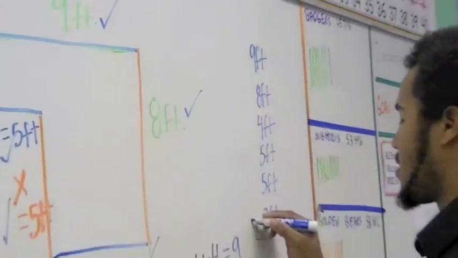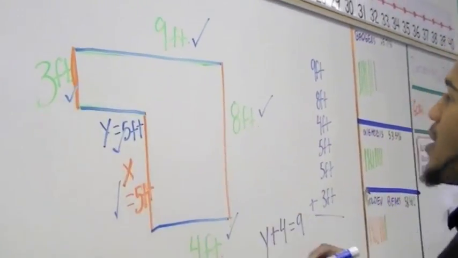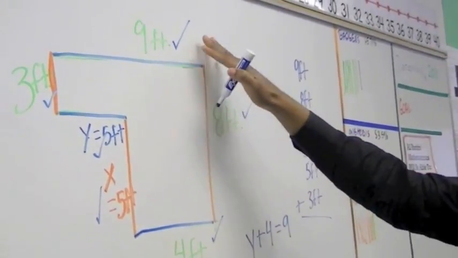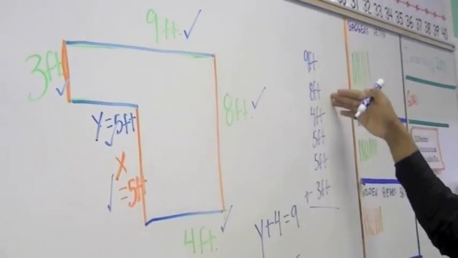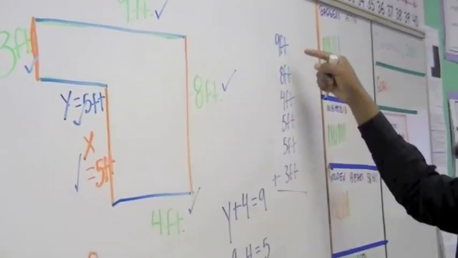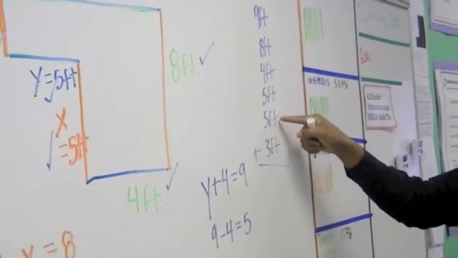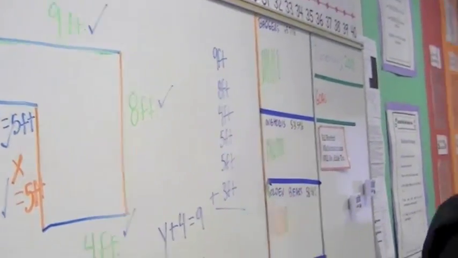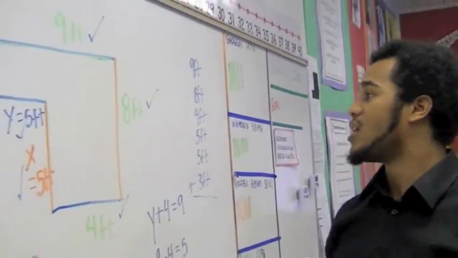Check. And we have 3 feet. I'm going to make sure that I have the same amount of check marks as I have numbers over here. So I have 1, 2, 3, 4, 5, 6. 1, 2, 3, 4, 5, 6. So now I know that I made sure that I'm adding correctly.